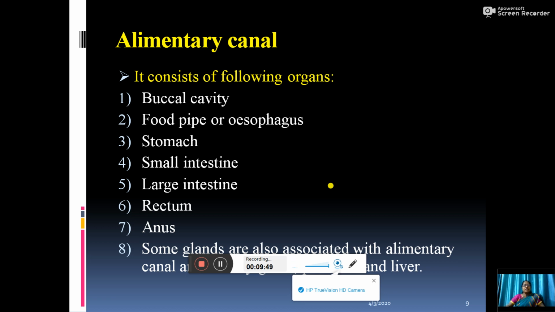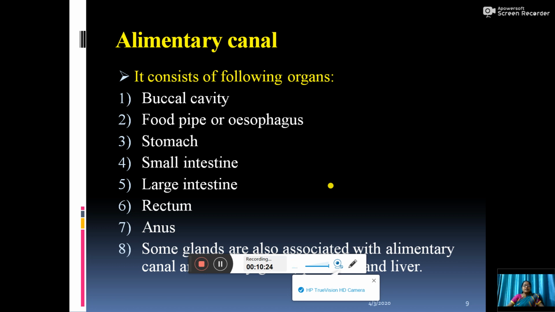Again, you know, it consists of the following organs: buccal cavity, food pipe, also known as esophagus, stomach, small intestine, large intestine, rectum, anus, and some glands also associated with the alimentary canal that help in digestion.